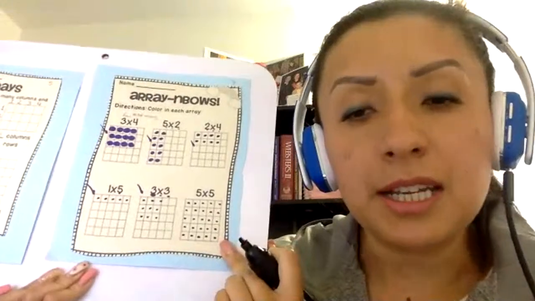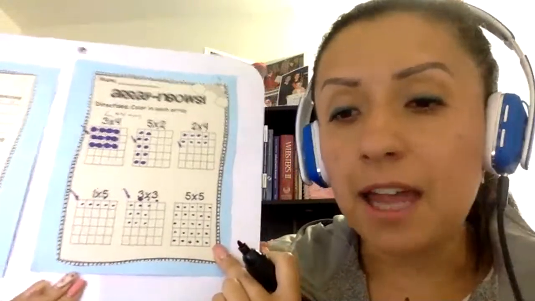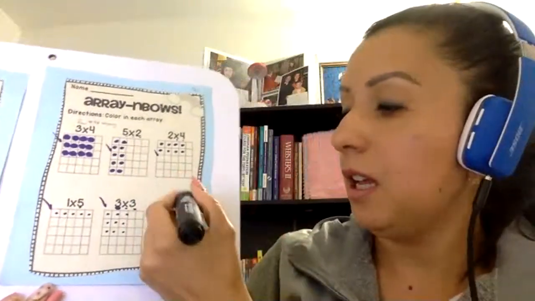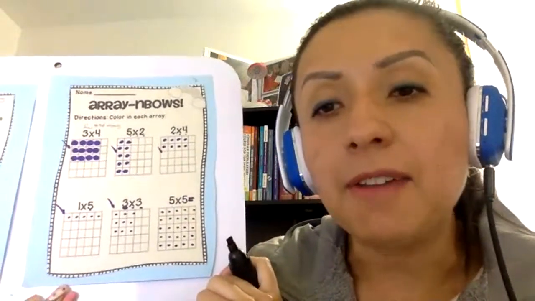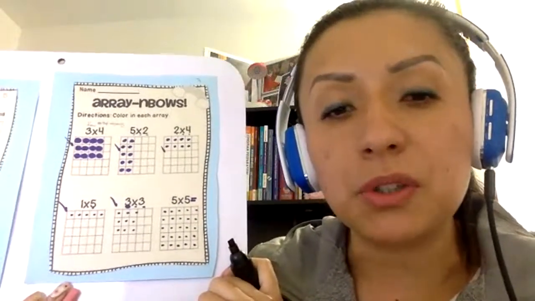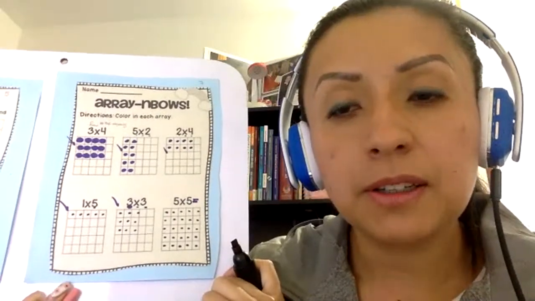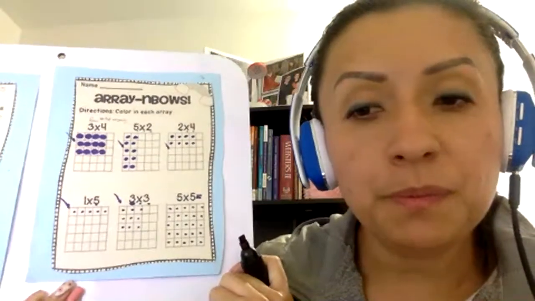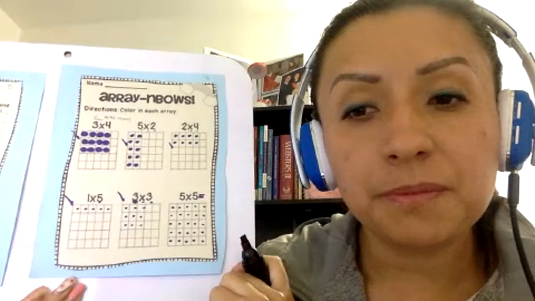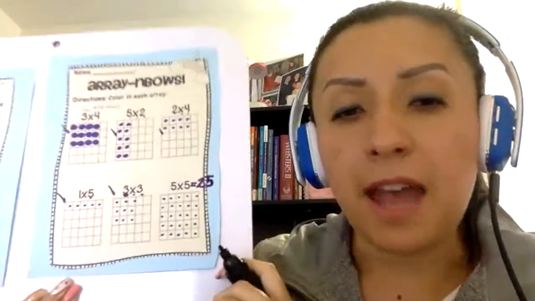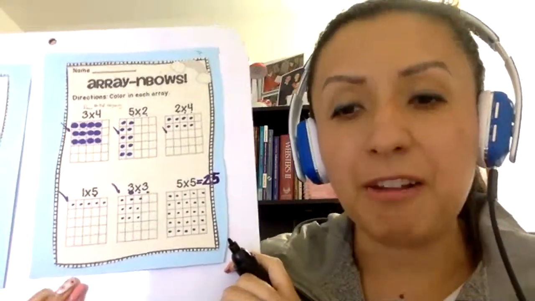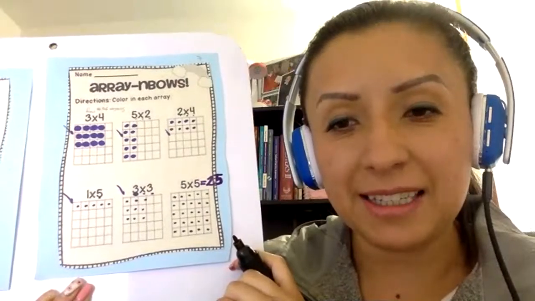And the answer is 5 times 5 equals... Very good. 25. So we have to write here 25. Okay? Very good. Excellent.